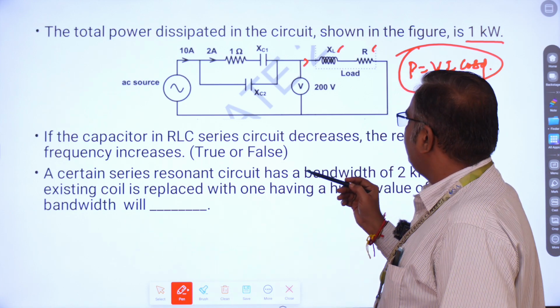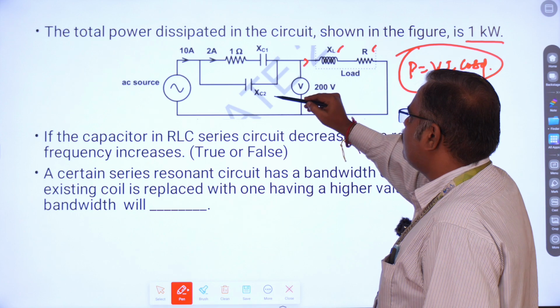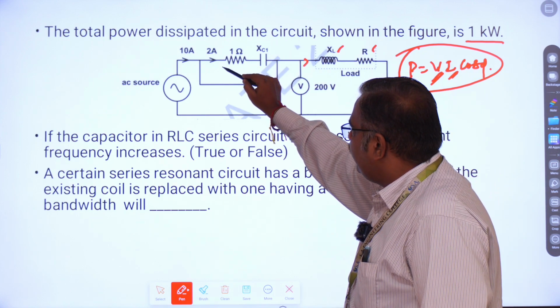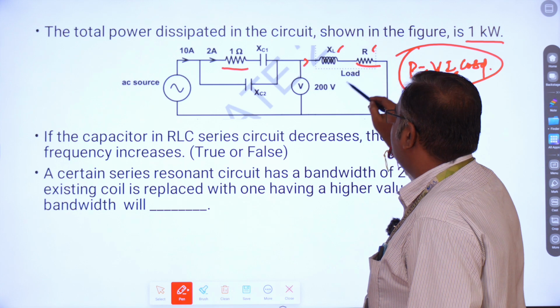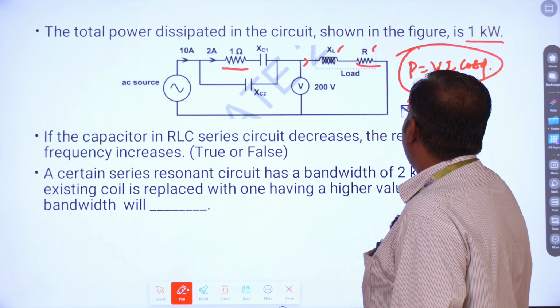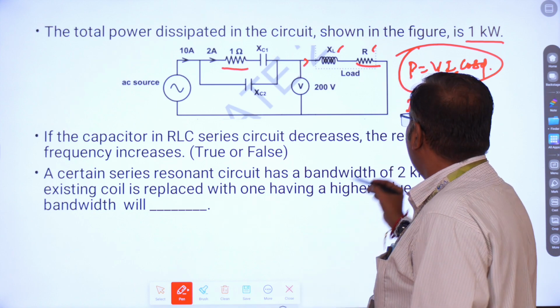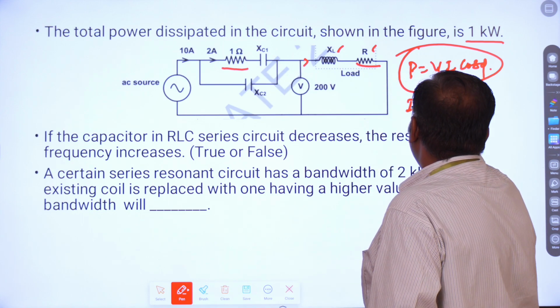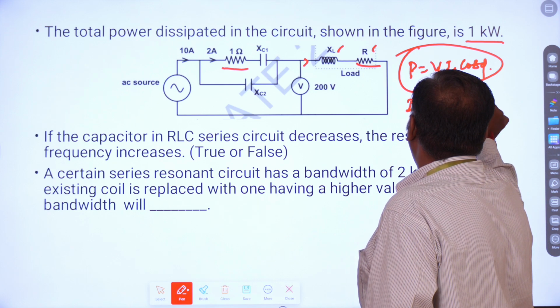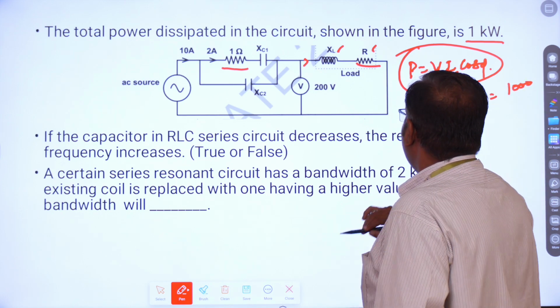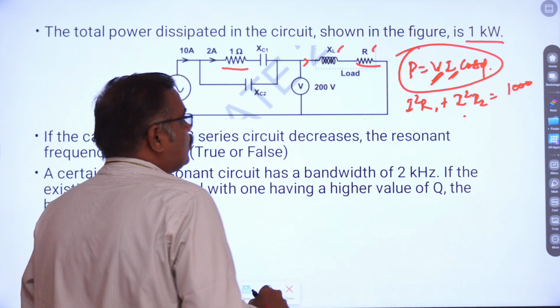When we talk about the total power consumption, the power is consumed only in resistance. You have two resistances, so let us take I square R as the formula for power consumption. Let us take this as R1 and this as R2. So I square R1 plus I square R2 is equal to 1 kilowatt, which is 1000.